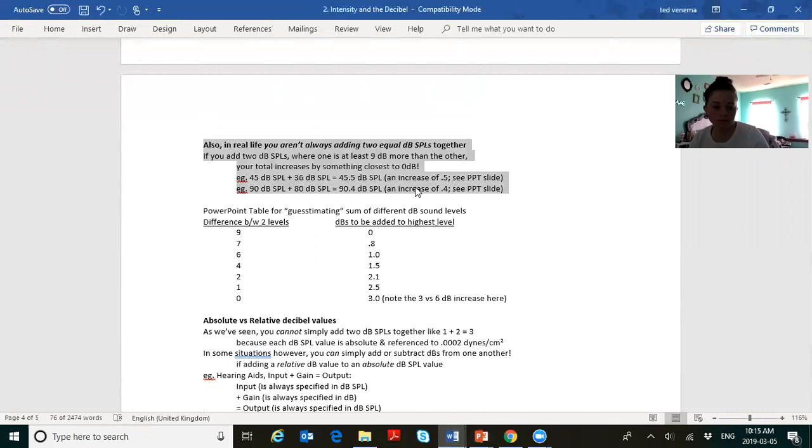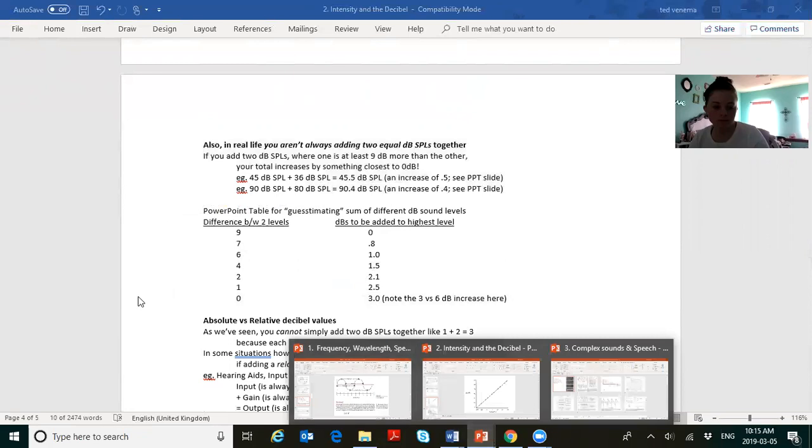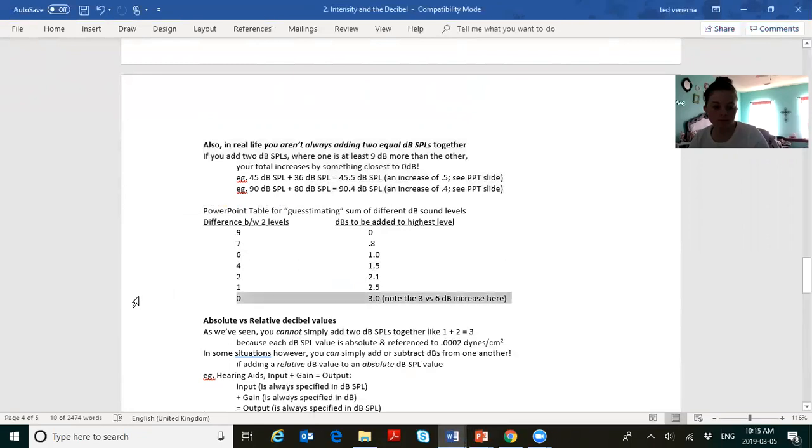Okay? So when the difference between the two levels begins to be less than 10 dB, then you'll start adding little bits. And if there's no difference, oh, look at that, now you're adding 3 again. Okay? So why am I saying 3? Because you're assuming in normal life that the two sounds are always different in frequency.